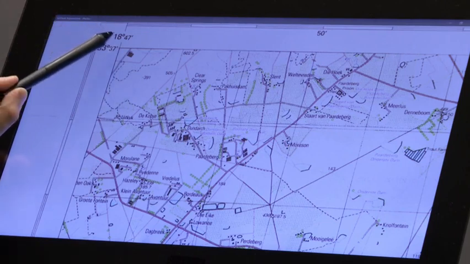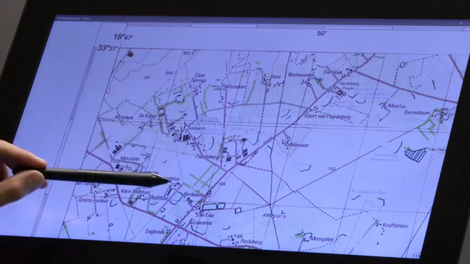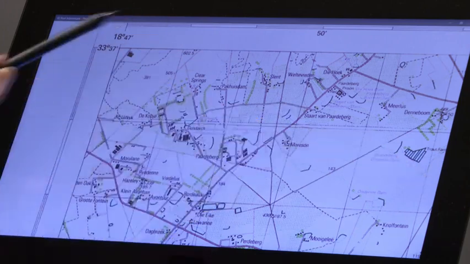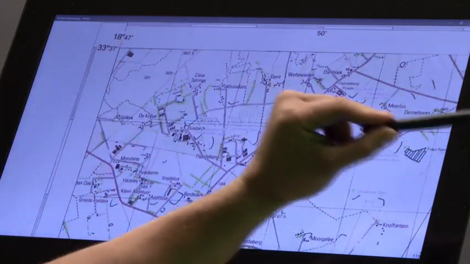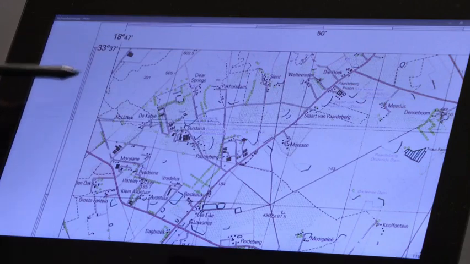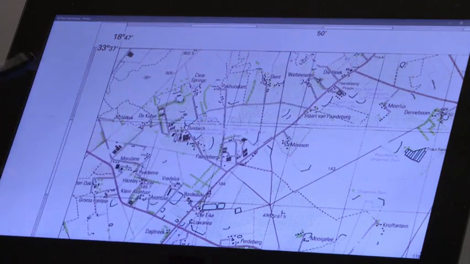The longitude is going to be 18 degrees, 48 minutes, roughly 30 seconds east, because look at the minutes, it's moving in an easterly direction. The latitude is moving in the south direction, and your longitude is moving in an east direction.